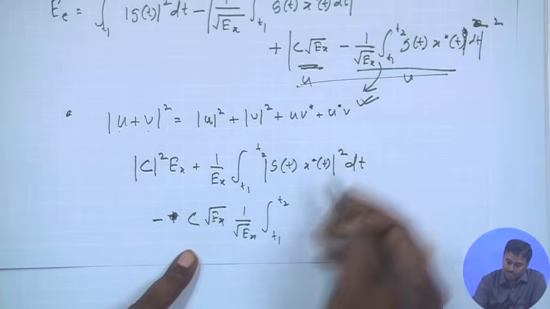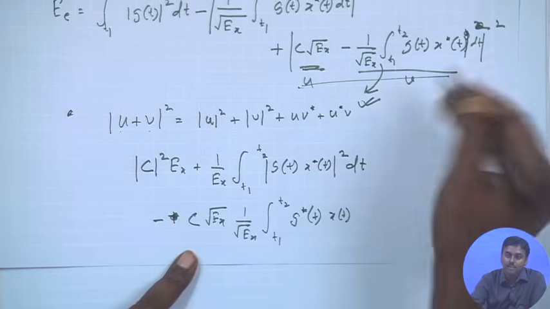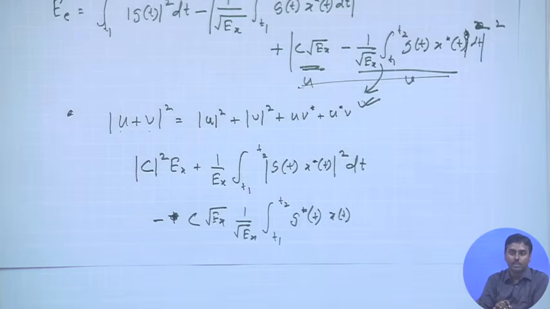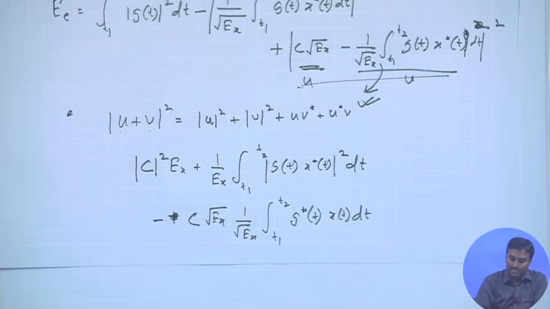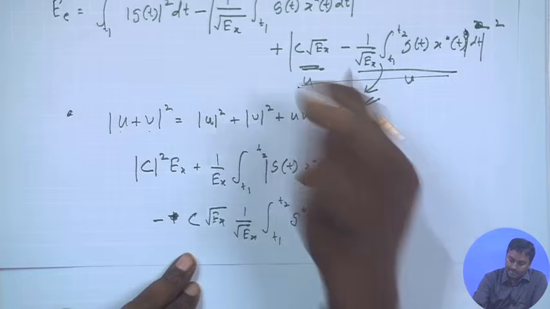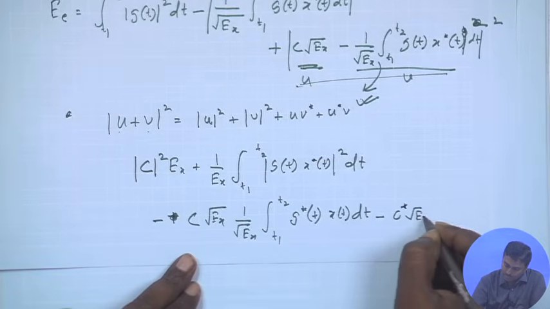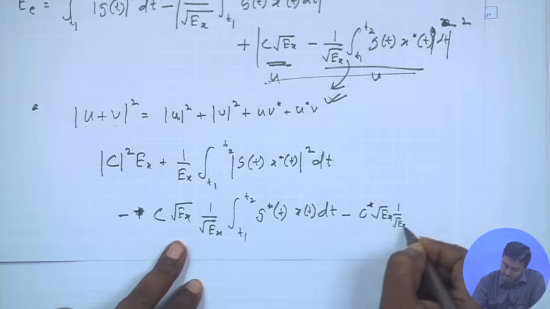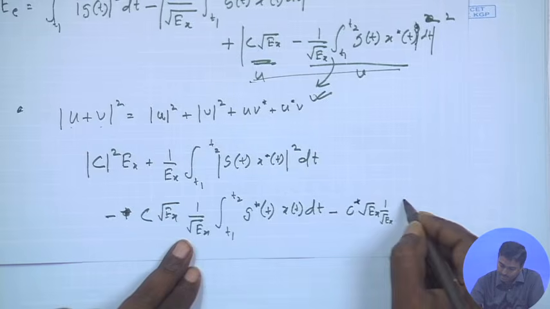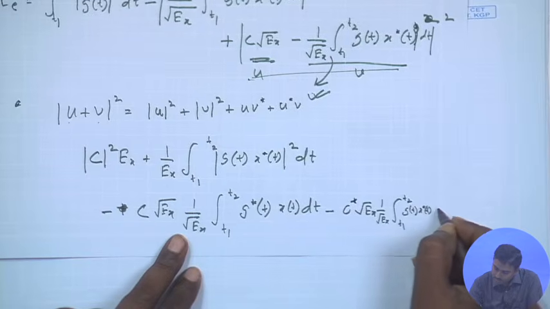So, star of that must be g star(t) x(t), and x star(t), its complex conjugate, will again give me back x(t) dt. Okay. So, we get this minus, we get then c star root E_x into 1 by root E_x, and then we have this integration t1 to t2 g(t) x star(t) dt, right.